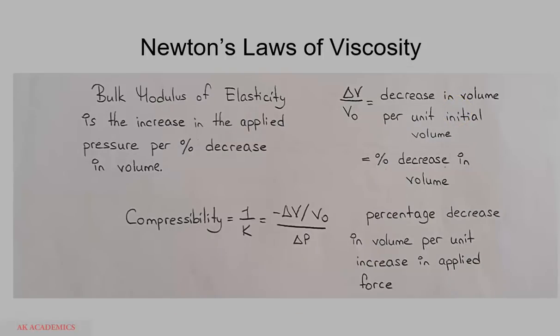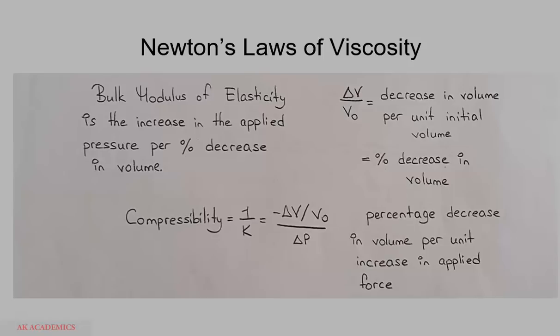Now, the bulk modulus of elasticity is an important subject, and it is defined as the increase in the applied pressure per percentage decrease in volume. So you can see we have dV divided by V naught. V naught represents the volume, dV represents change in V, which represents either a decrease or an increase.